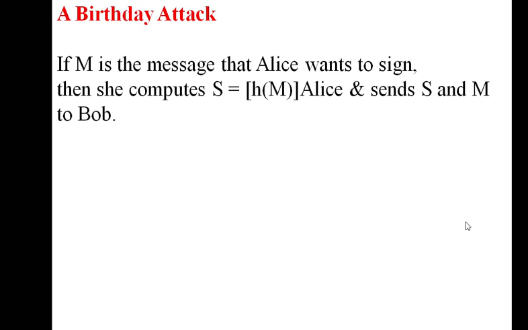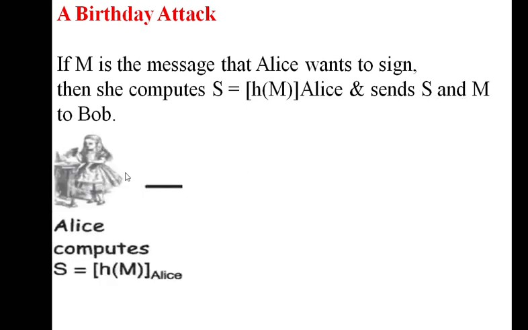Okay, the birthday problem we have seen, but now we will see what we mean by a birthday attack. If M is the message that Alice wants to sign, then she computes her signature S equal to H of M, the hash value of the message, followed by her signature, and sends S and M to Bob.